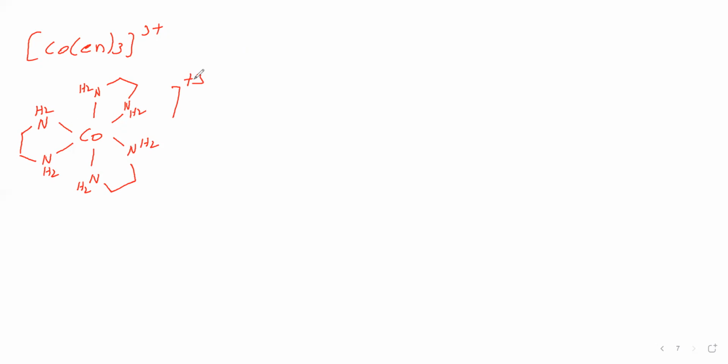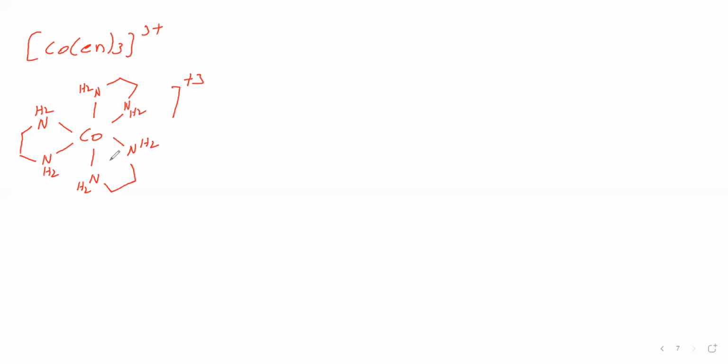Optical isomerism means mirror images should be non-superimposable. If mirror images are non-superimposable, then we can say optical isomerism is possible. Okay.